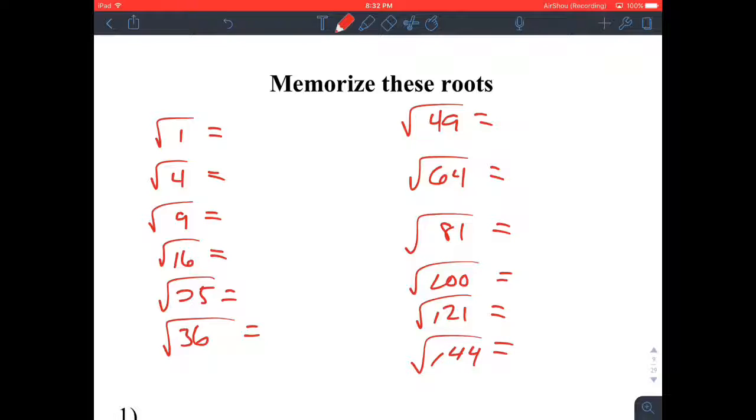You should know all those by memory. It's 1, 2, 3, 4, 5, 6, 7, 8, 9, 10, 11, 12. Write those down and memorize those as soon as possible.